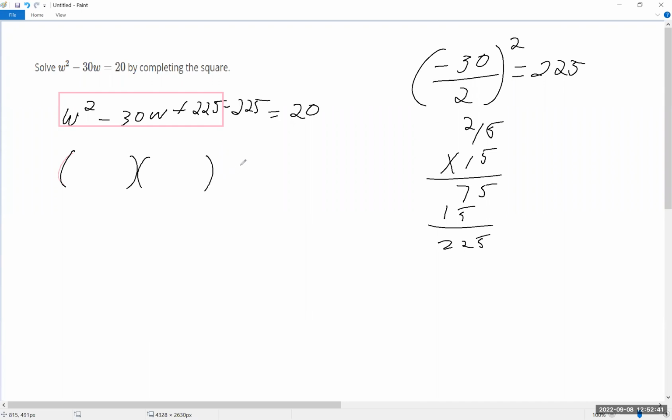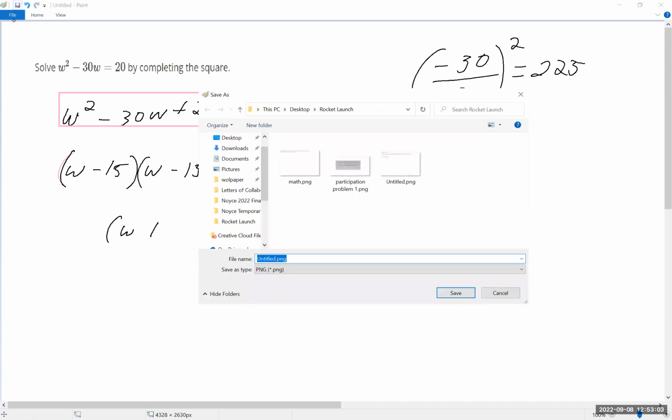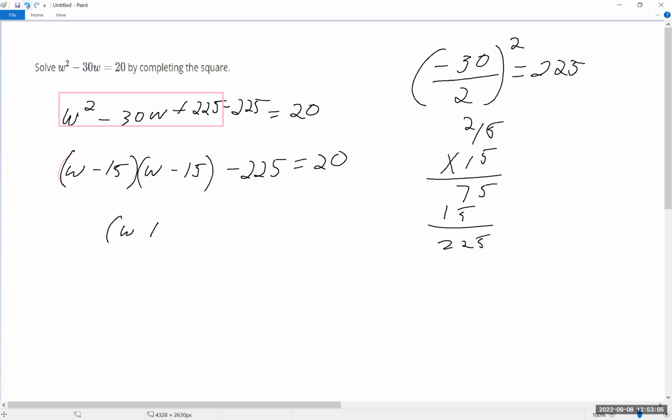And it should really factor very nicely because of the way we did the work. So it should be minus 15 and minus 15, and you can check that on your own. But basically that's W minus 15 squared.